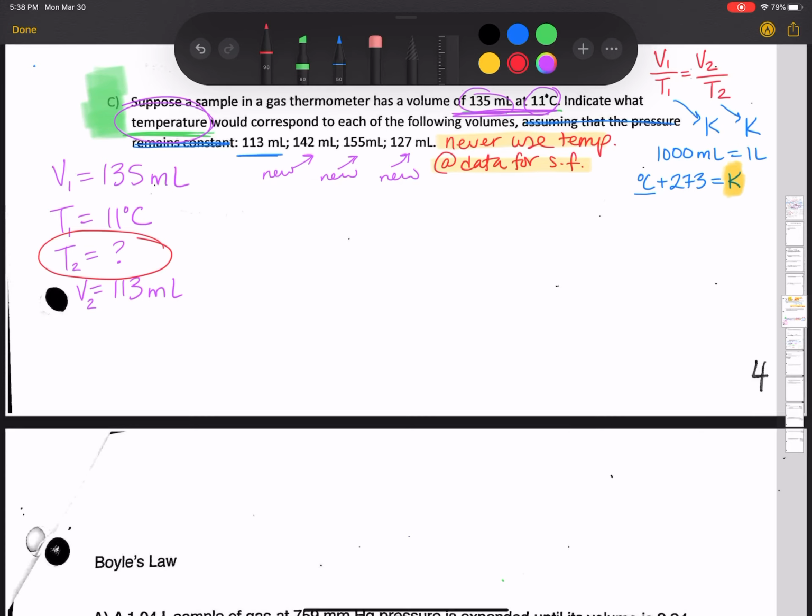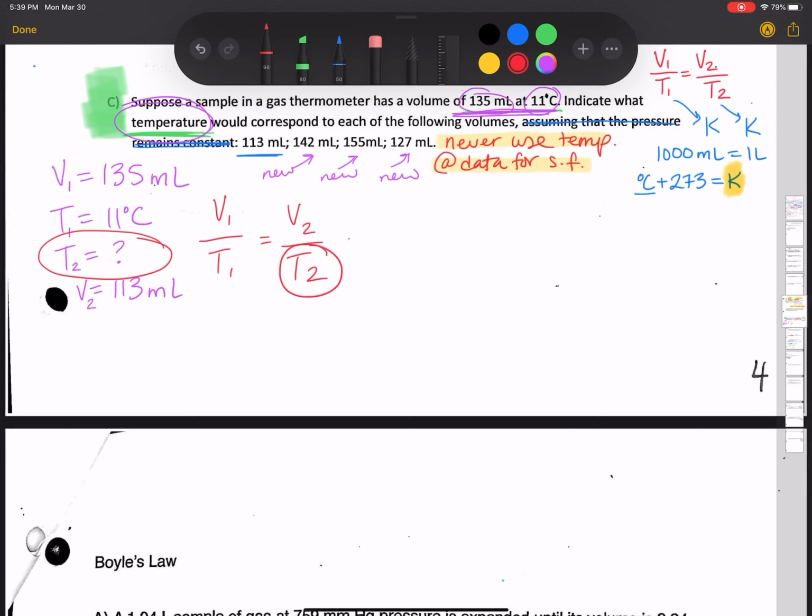Remember, my formula is V1 over T1 equals V2 over T2. I'm solving for T2, which means that this guy is in the denominator. If isolating variables is a struggle for you, I'm going to go through this in a lot of baby steps.